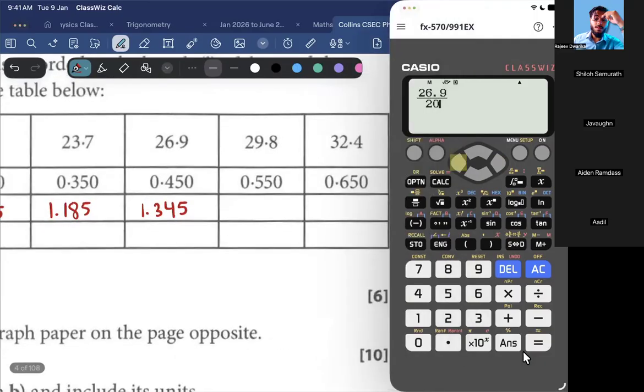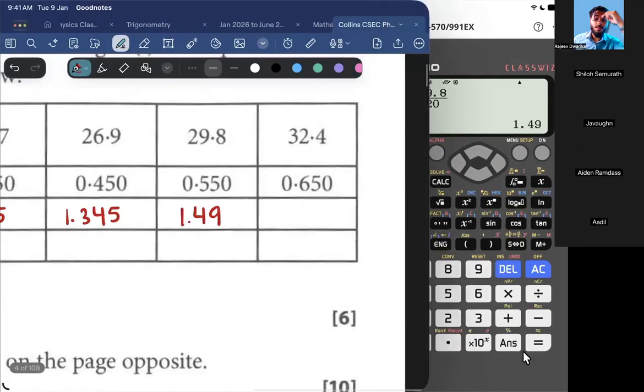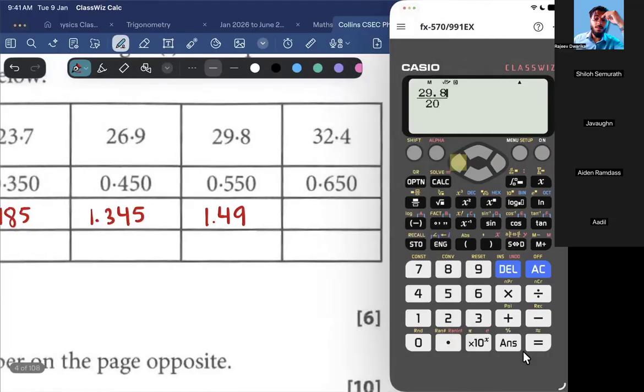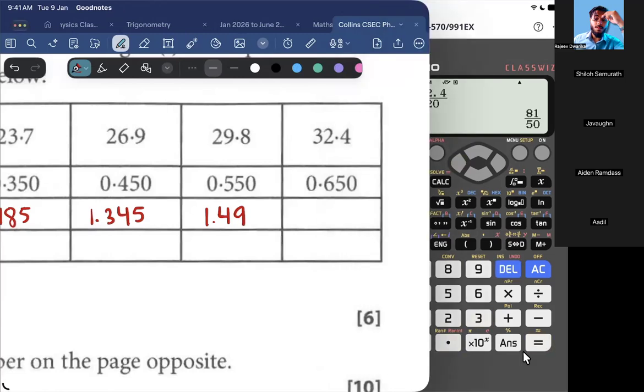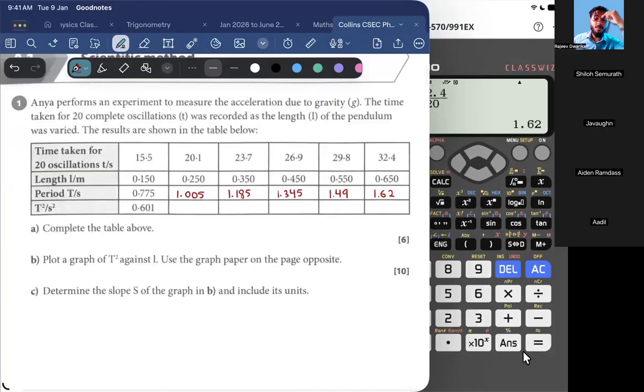Then we have 29.8, 1.49. Are you confused by anything I do in here? Let me know if you... No, sir.